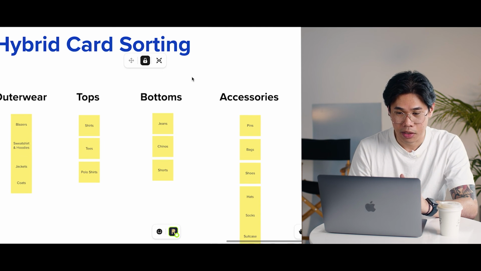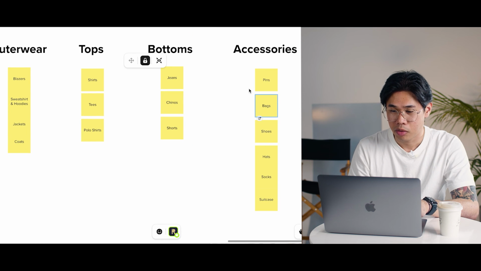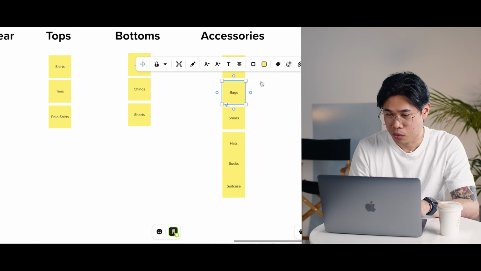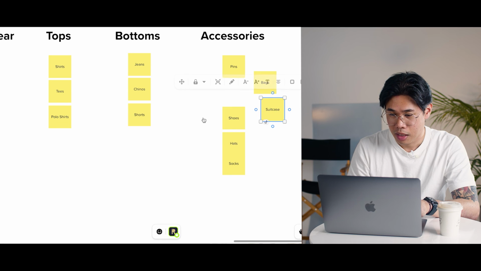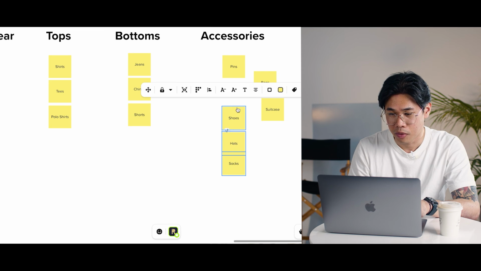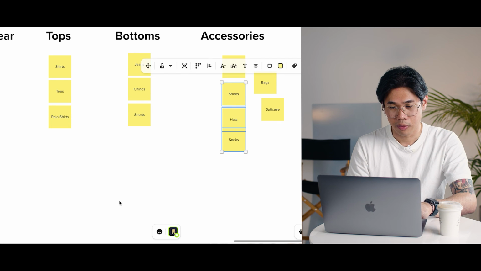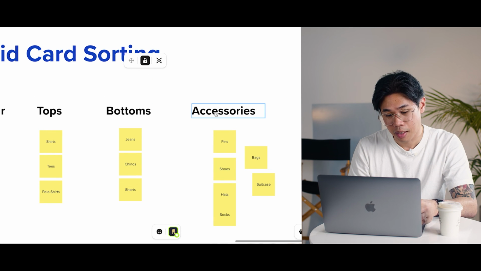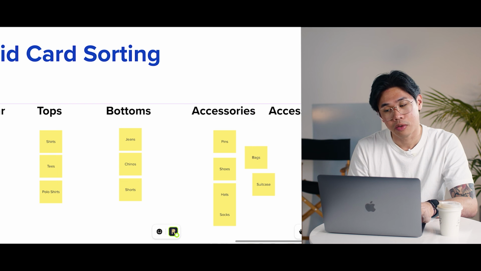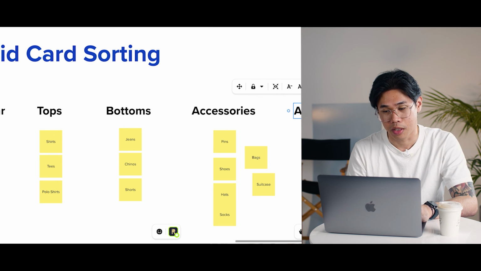And in this case, let's just say we've got to this point and there were some of the other things that we weren't quite sure here. Let's just say there's bags or suitcases, and then as participants, we have an idea to create a new category out of this. And you're allowed to do this in a hybrid card sorting setup, whereas you're not allowed to do that if this was a closed card sorting setup.